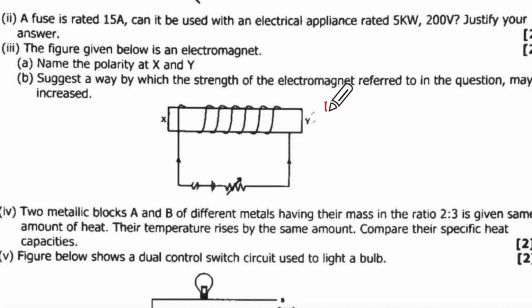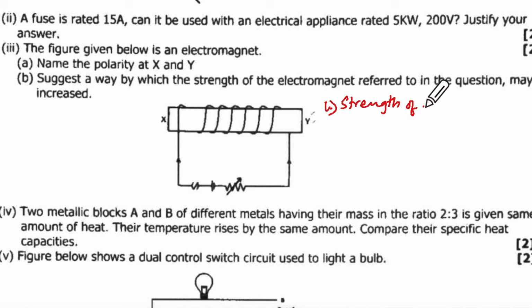Then we come to B part. Suggest a way by which the strength of electromagnet may be increased. So what you'll say, strength. Ma'am, resistance of rheostat should be increased. No. Refer to the question, means you can't change the number of turns and you can't change the cell.